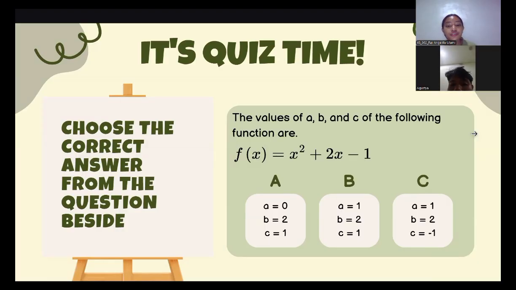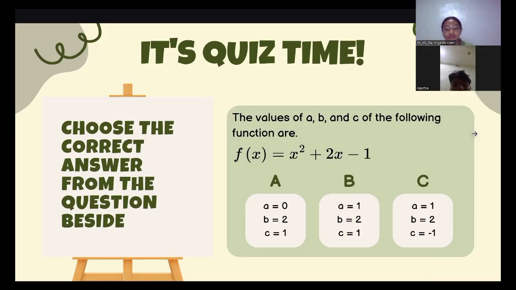We have three options here, A, B, or C. Take a close look at the signs of the numbers. If anyone wants to try and answer this question, please raise your hand. Don't be shy.